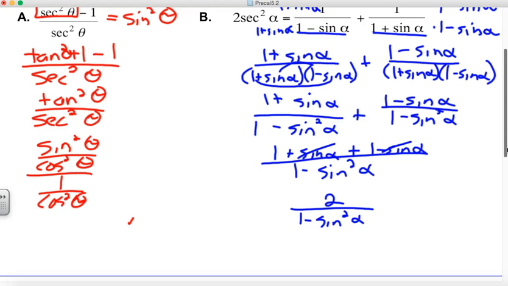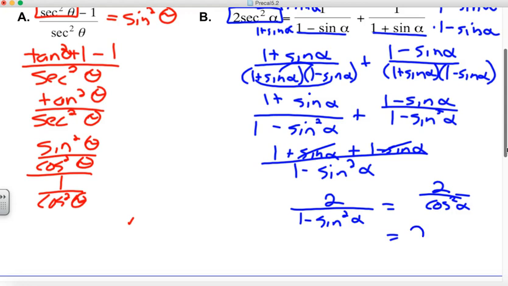Okay, so 1 minus sine squared, using the Pythagorean identity that sine squared plus cosine squared equals 1, I can change 1 minus sine squared into cosine squared alpha. Right? And then, again, the whole point, remember, is to get it to look like this, 2 secant squared alpha. So then we use the reciprocal identity. 1 over cosine squared is secant squared.